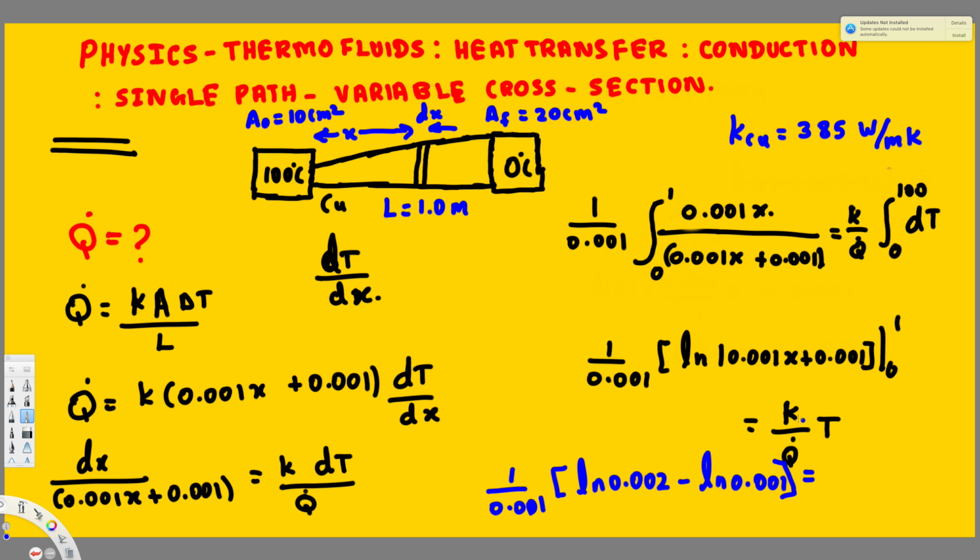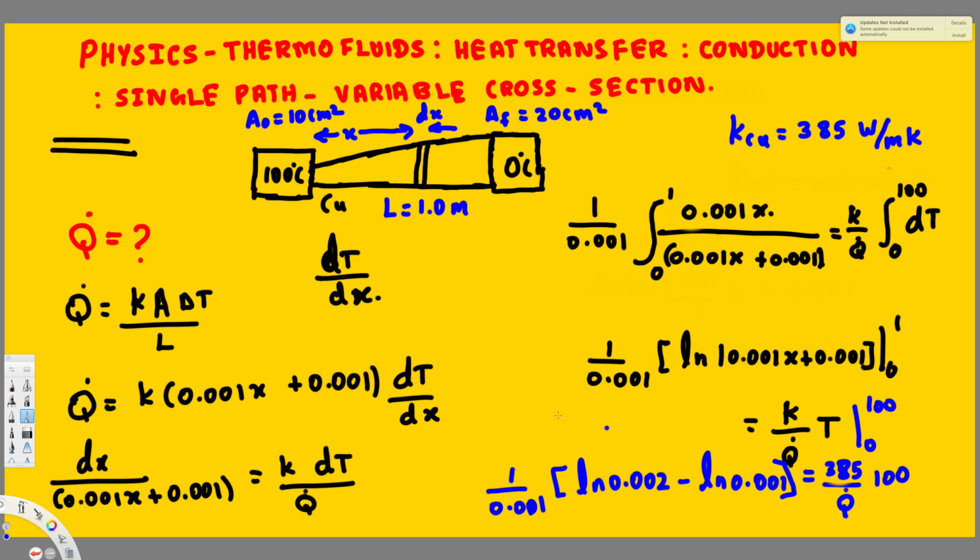That is equivalent to k over Q dot times, this limit is 0 to 100, so this is just going to be k over Q dot times 100. We can also plug the k value. Thermal conductivity for copper is 385, so this is going to be 385, right?